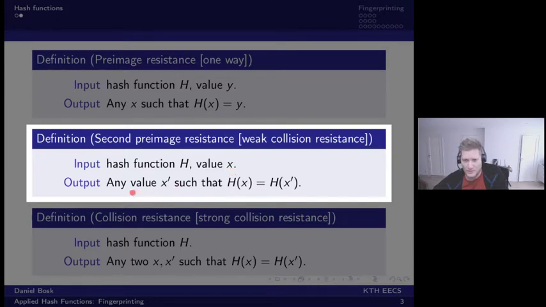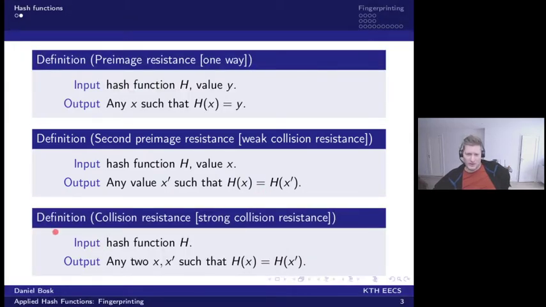Now, what we are supposed to output is any value x prime such that H of x is equal to H of x prime. And of course, x prime should not be equal to x, because otherwise the challenge is trivial. And if this problem is very difficult to solve, then we say that the function H is second pre-image resistant.